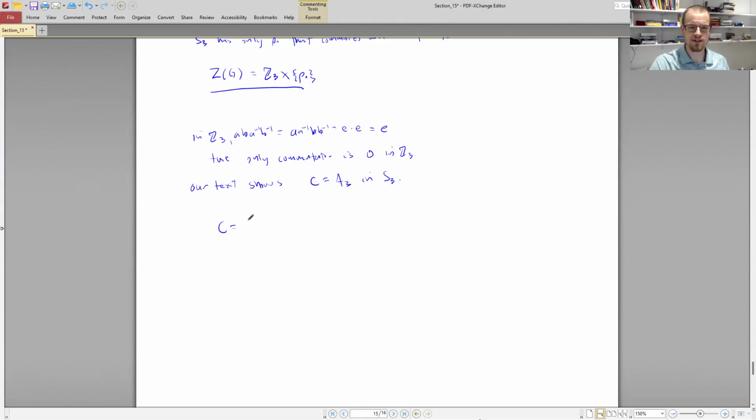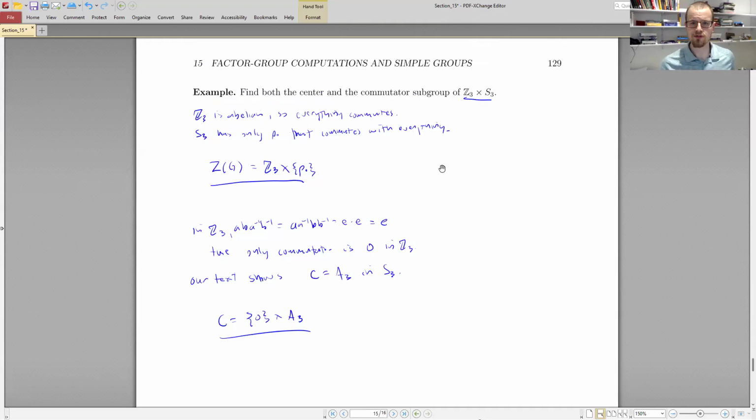So C is the cross product of 0 because it's commutative, and A3. So we get the center and the commutator subgroup, and that's what we were looking for.